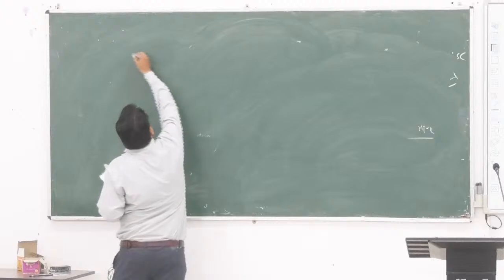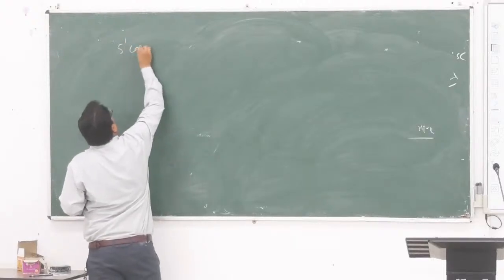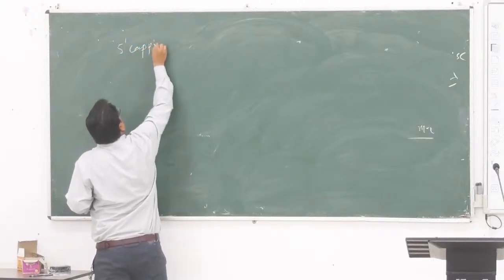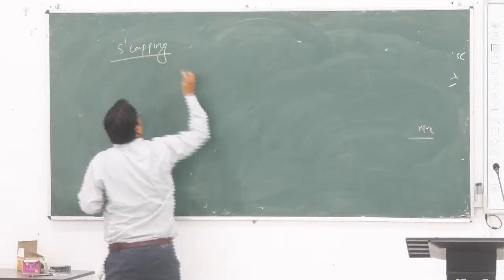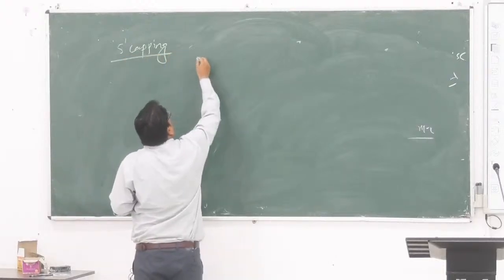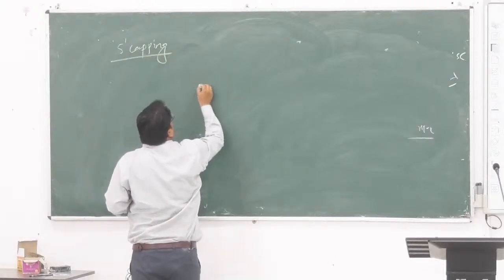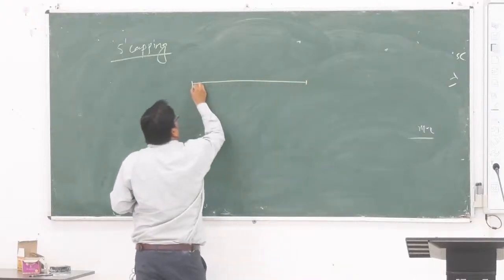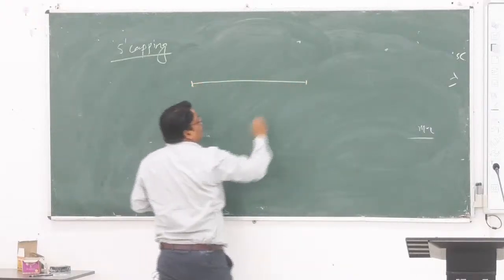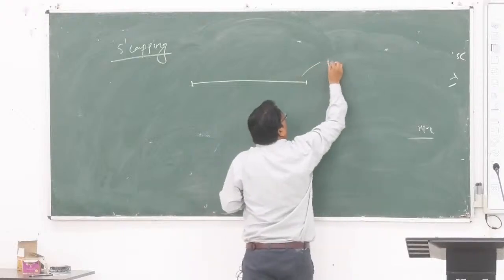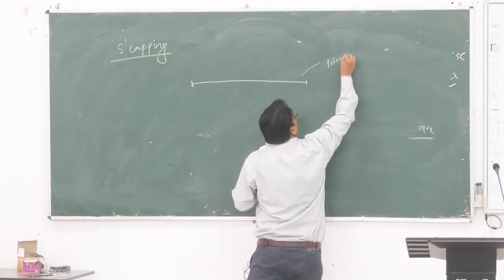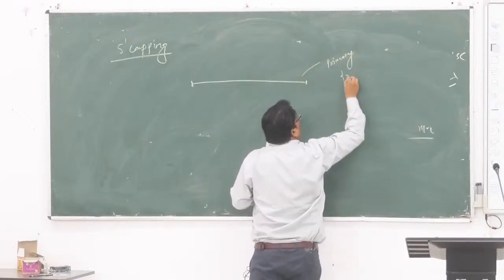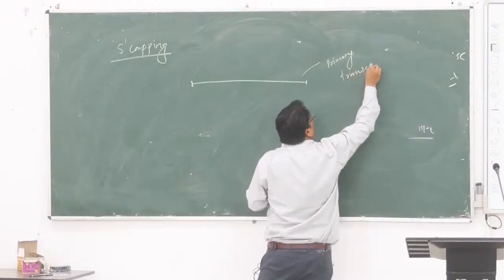Now, what is the meaning of 5' capping? We get hnRNA, or we call it the primary transcript. Sometimes a question asks what is the primary transcript.